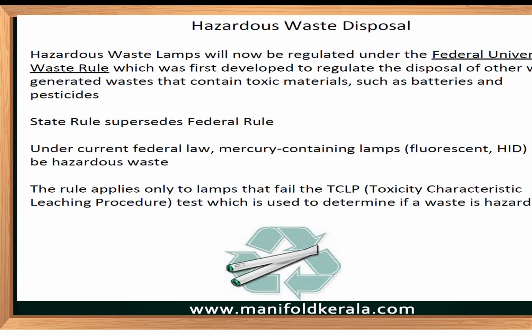Because we have to reduce the toxic wastes being emitted, and they should be properly disposed. So mercury containing lamps like fluorescent and HID are treated as hazardous waste under the current federal law. The rule applies only to the lamps that fail the TCLP, toxic characteristic leaching procedure test, which is used to determine if the waste is hazardous or not.